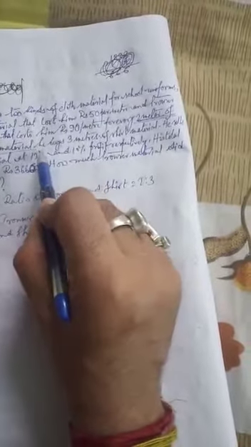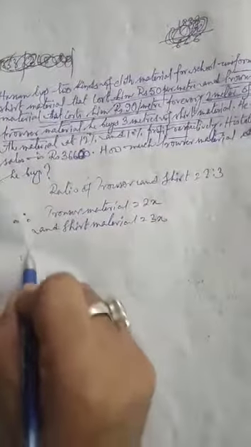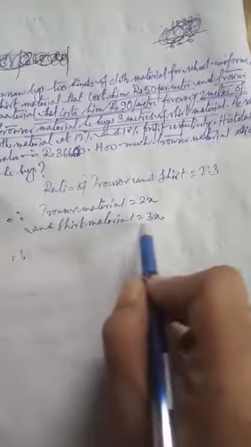Because 2 meters of trouser material is the same as 3 meters of shirt material. This is the condition given in the question. Another part of the question is the per meter cost. Per meter of shirt is rupees 50, and per meter of trouser is rupees 90. So total trouser material is 2x and total shirt material is 3x.